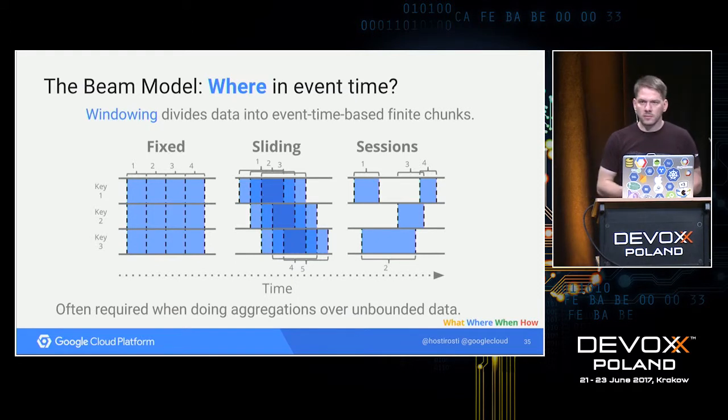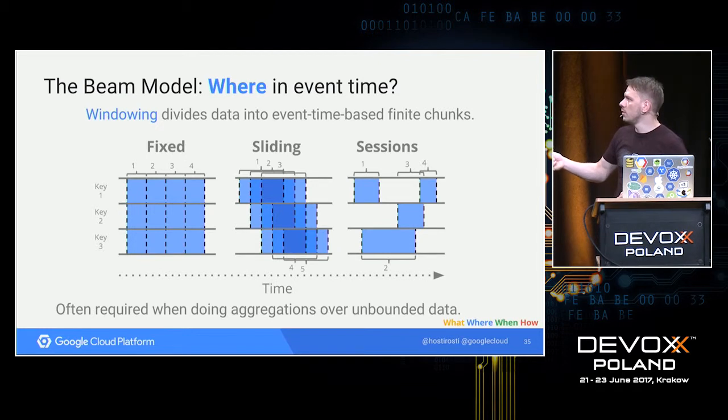Now, there are different ways to window these events in Apache Beam. In our case, we're going to use a fixed window. We basically say, I want to have per minute aggregation. But there are also other window semantics that are supported, and you can even write your own if you like to.